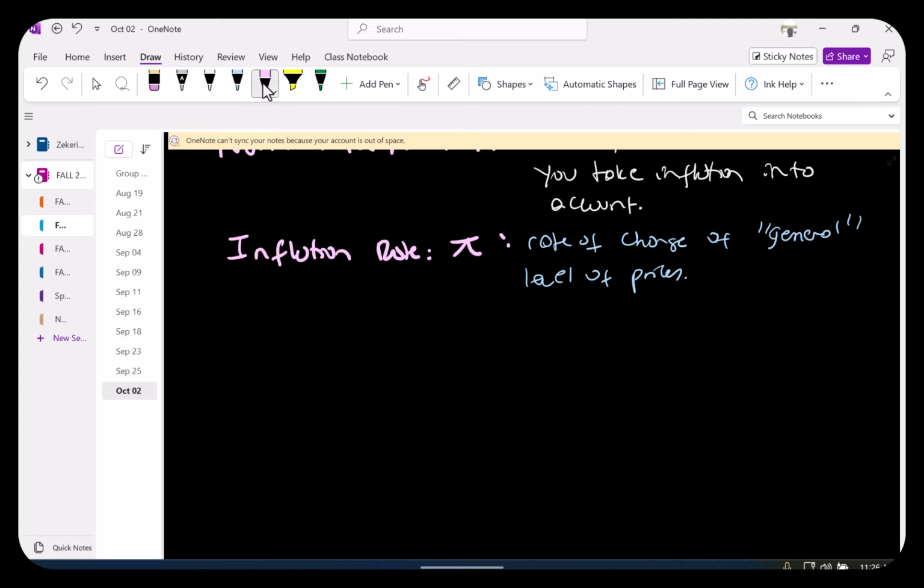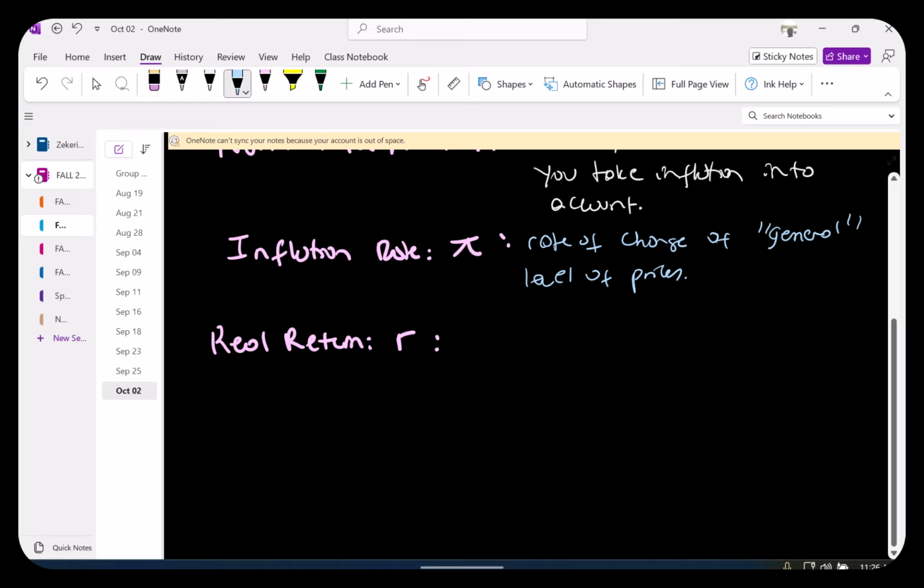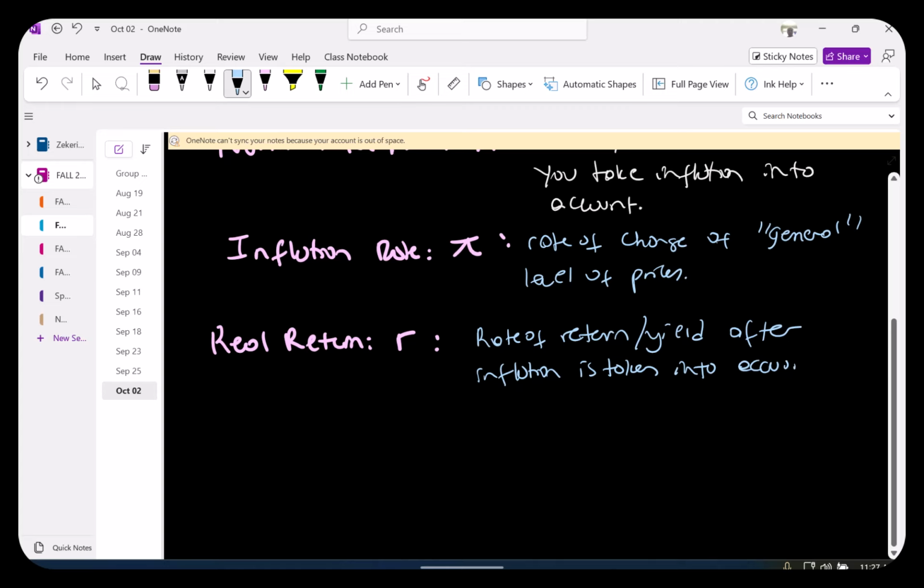What we call real return, we typically designate that with small case r. This is rate of return or yield after inflation is taken into account. Let's give a simple example.